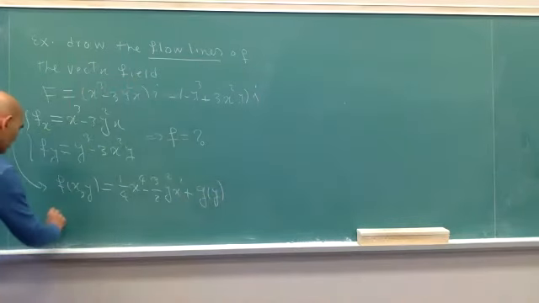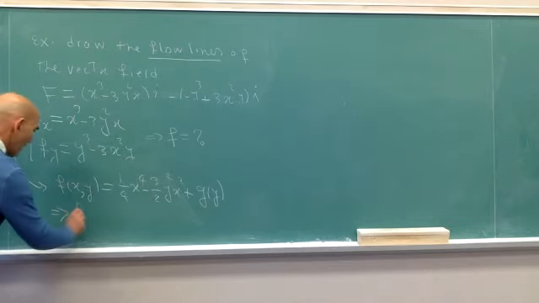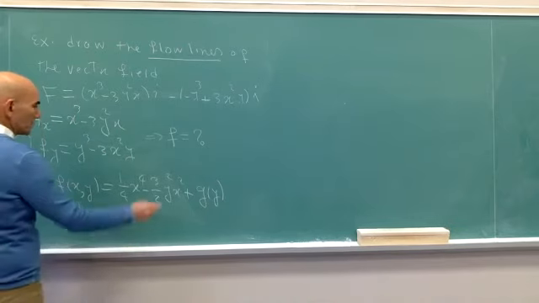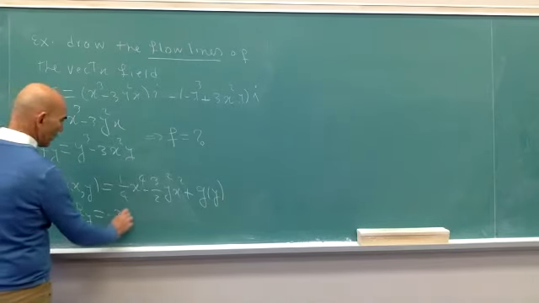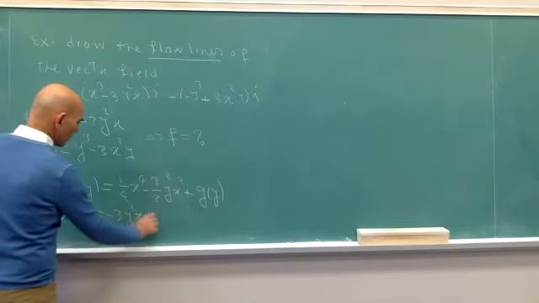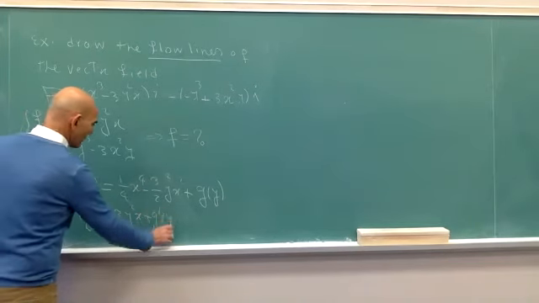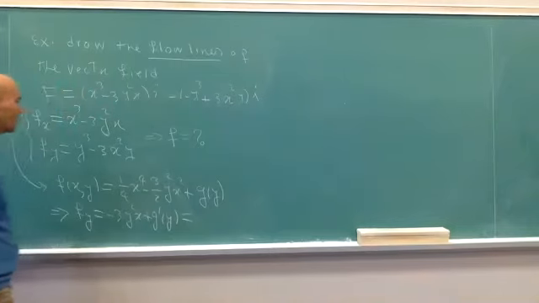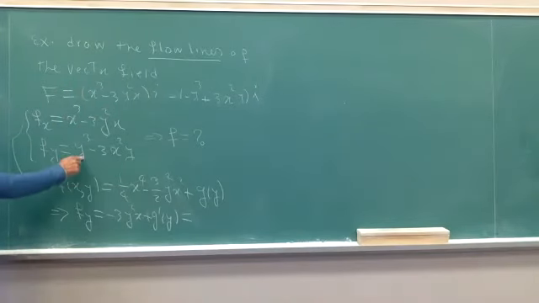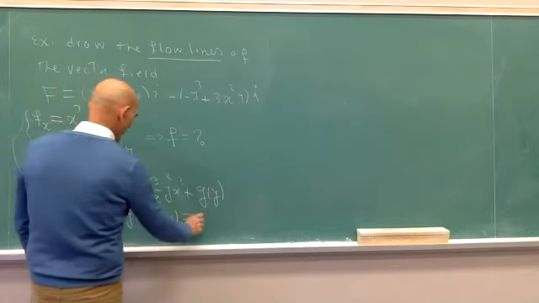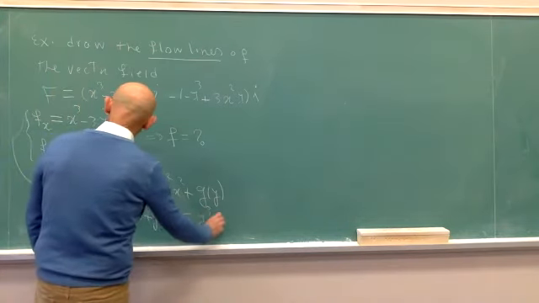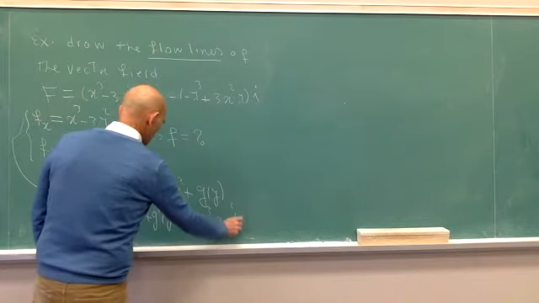Then f sub y is equal to negative 3y x squared plus g prime of y. That's equal to y cubed minus 3x squared y.